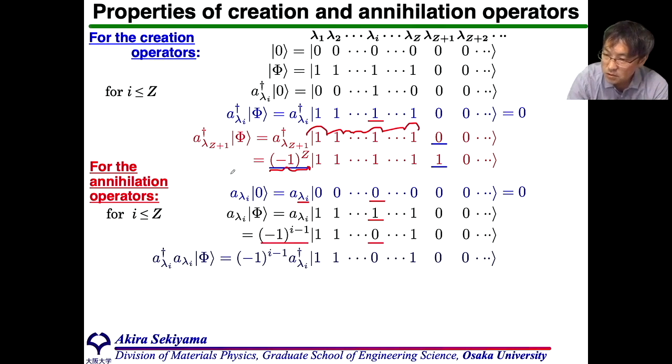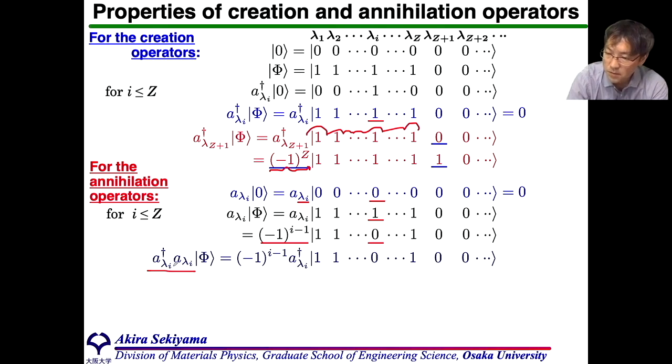By using this rule, we consider this procedure, namely for the state phi with the number of electrons Z, once the electron is removed from the state lambda I and put again into this state.